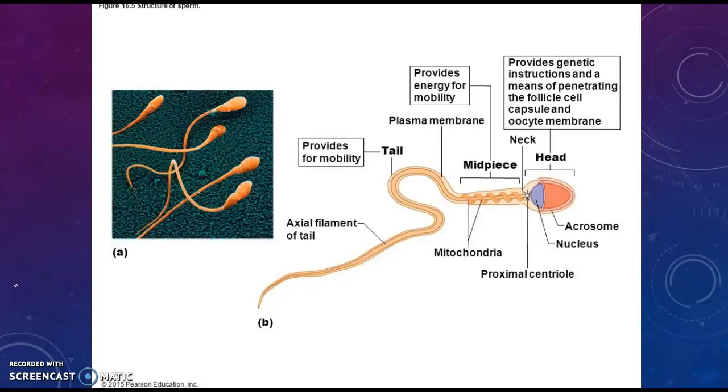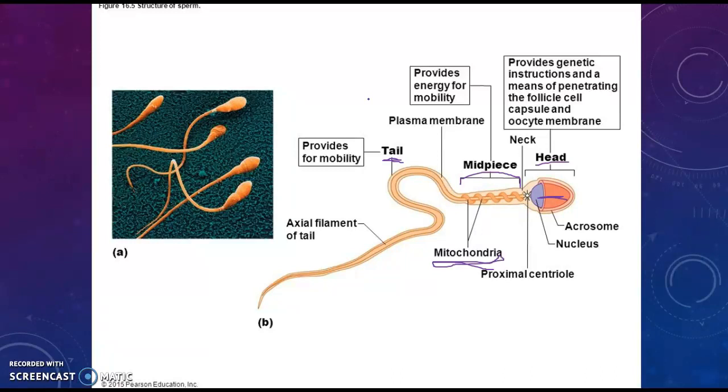So here is what a fully developed sperm looks like. After the spermatids mature, you're going to have a head, which contains your nucleus, where your chromosomes are going to be. The midpiece is where we have the mitochondria. So this is where you're producing ATP to power the tail, which can then swim towards the female reproductive system.